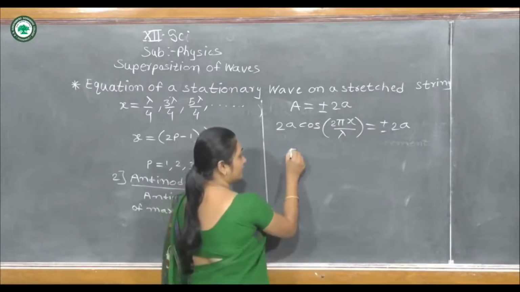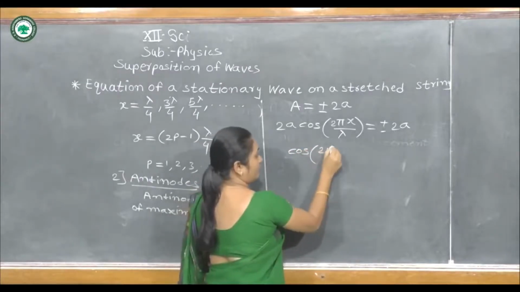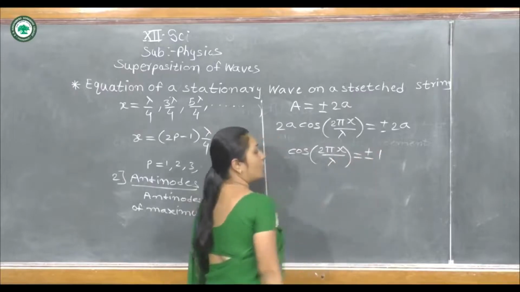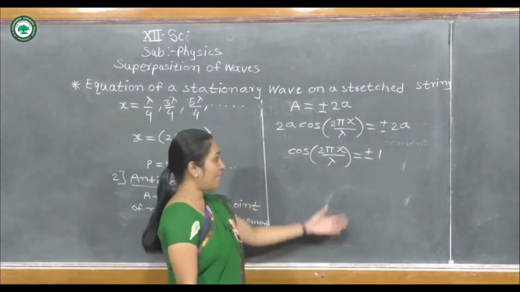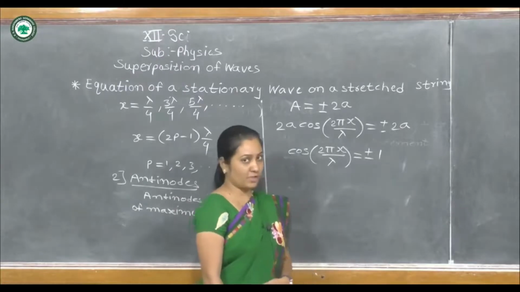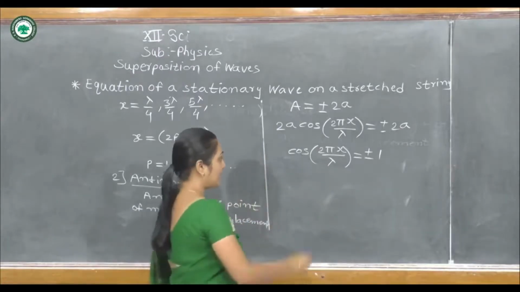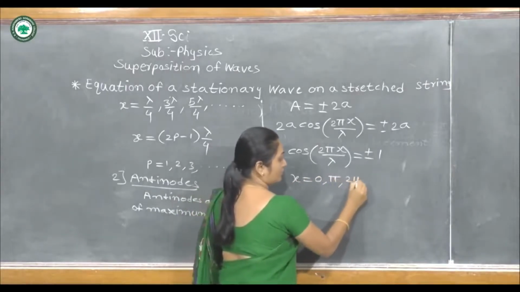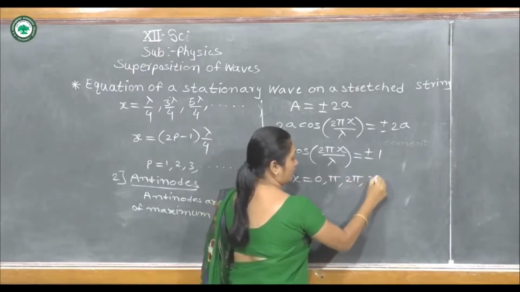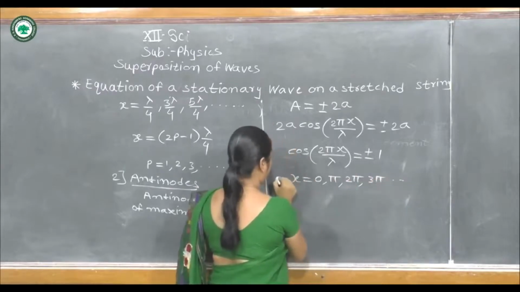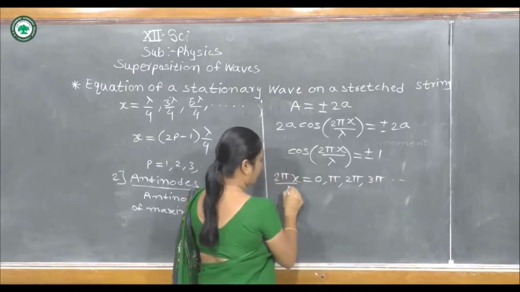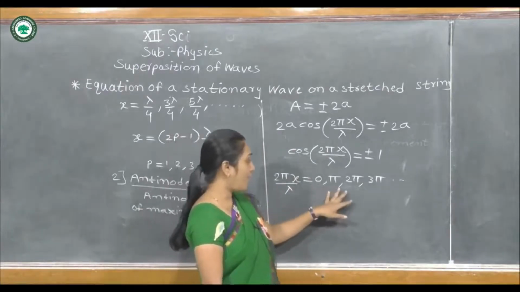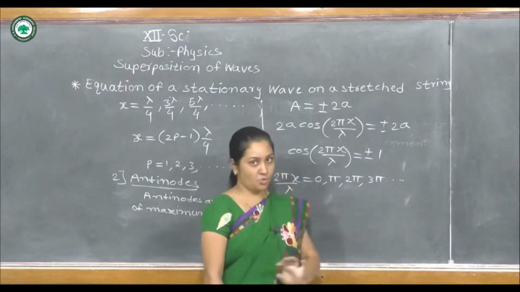So we get cos 2 pi x upon lambda is equal to plus or minus 1. So from this we can write 2 pi x upon lambda is equal to 0, pi, 2 pi, 3 pi and so on.